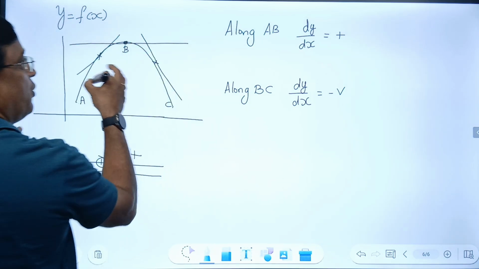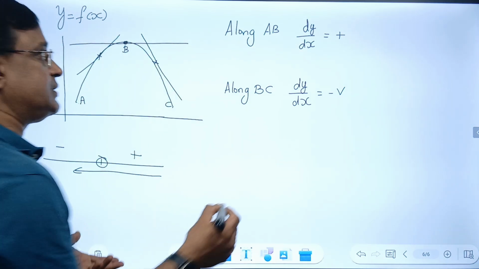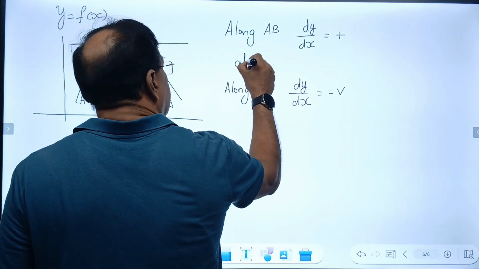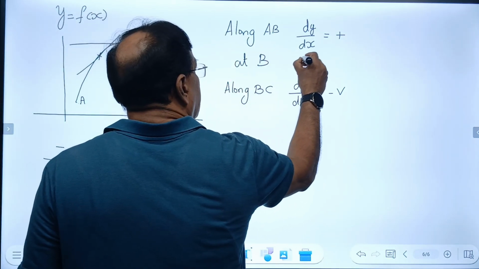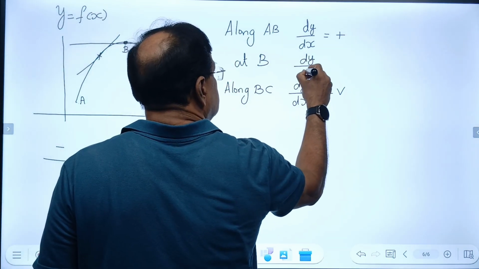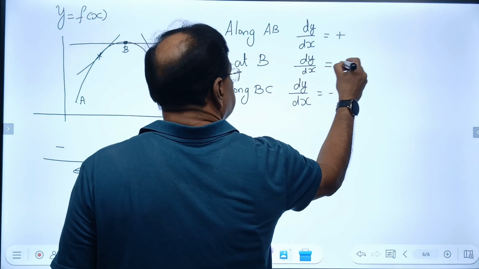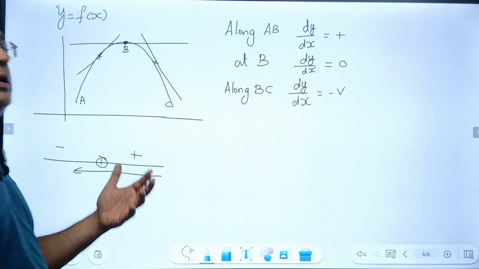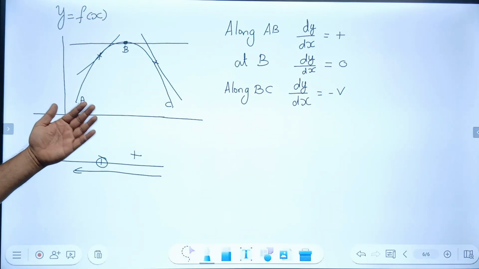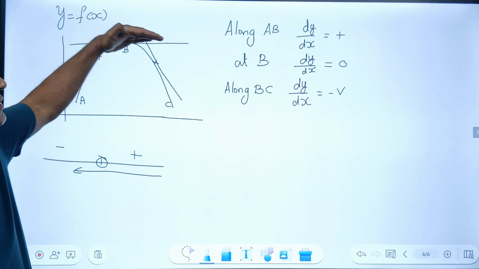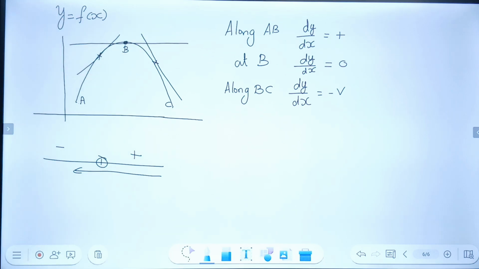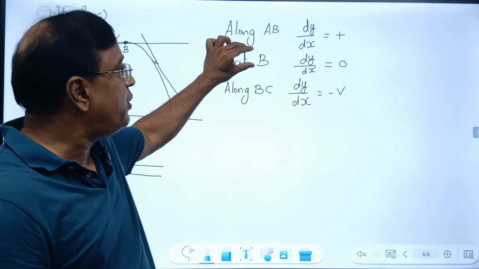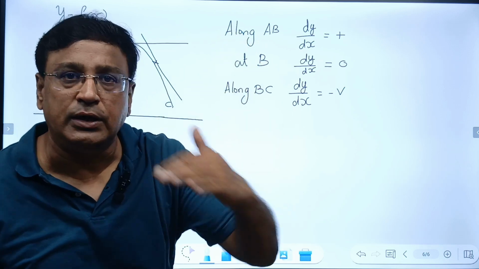You see, this is the point where the tangent is parallel to x-axis. So I will say at B, my dy by dx is 0. When I say dy by dx is 0, that means it's the point where the tangent is parallel to x-axis. Now, what is the significance of this point B? We'll come to that a little later.